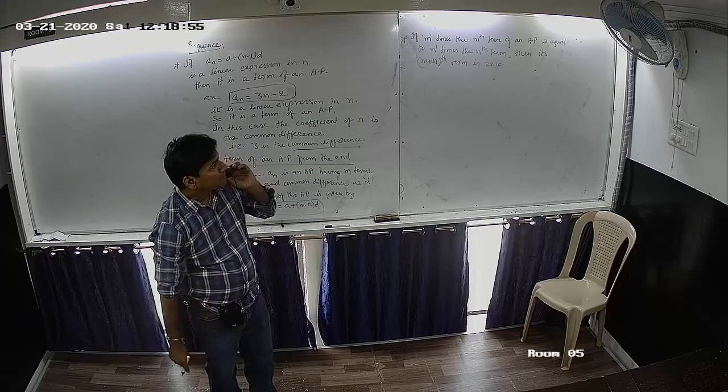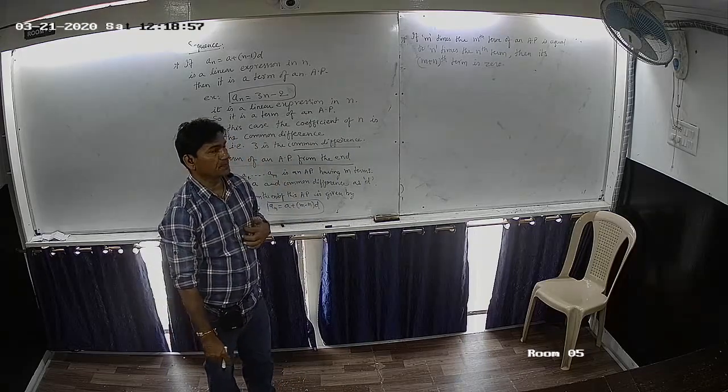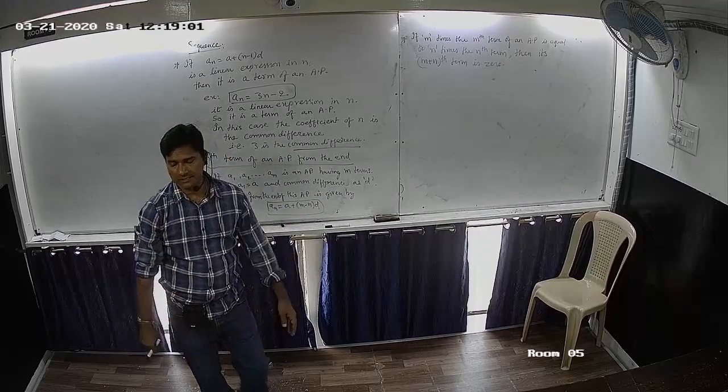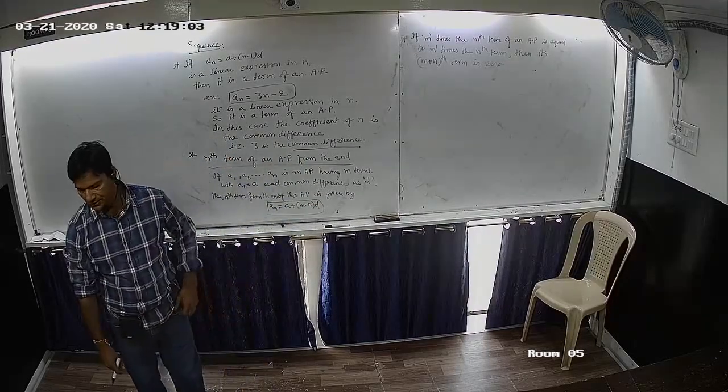So try to understand. If m times the mth term of an AP is equal to n times the nth term, then its m plus nth term is 0.